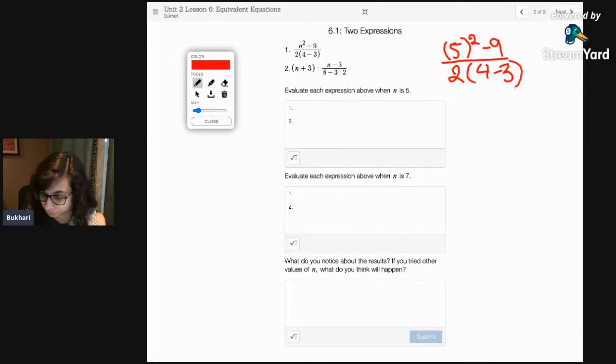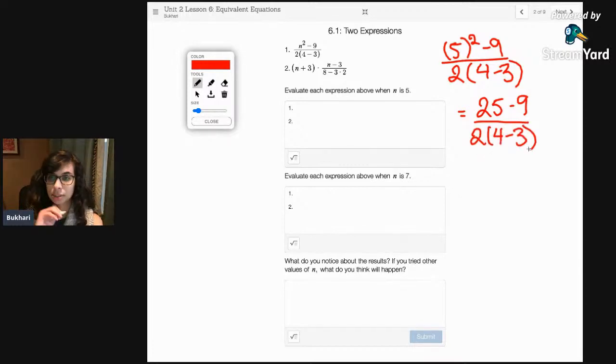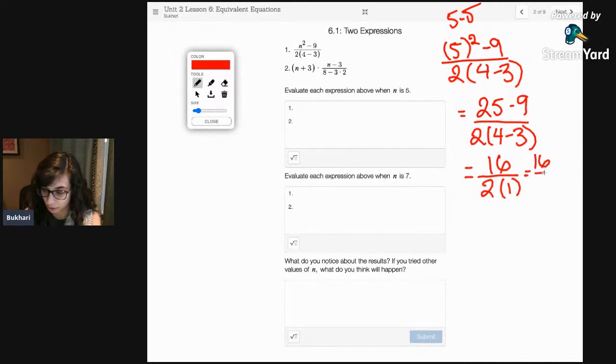Going through each part together, we have 25 minus 9 all over 2 times 4 minus 3. 5 squared is the same thing as 5 times 5. And 25 minus 9 gives me my top value, which is 16. I can also simplify the bottom. 4 minus 3 gives me 1. 2 times 1, so I have 16 over 2, which gives me 8. That is for my first expression.